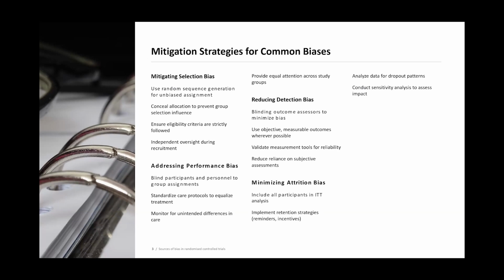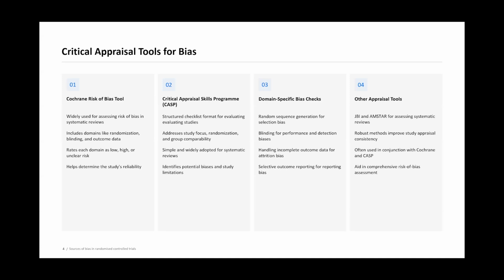And as we said, for performance and detection bias, we address them through blinding and use of objective outcome measurement. And to handle attrition, as we said, the best way is intention-to-treat analysis to minimize this type of bias. And these strategies not only improve the reliability of study results, but also enhance the ethical standard of the research.